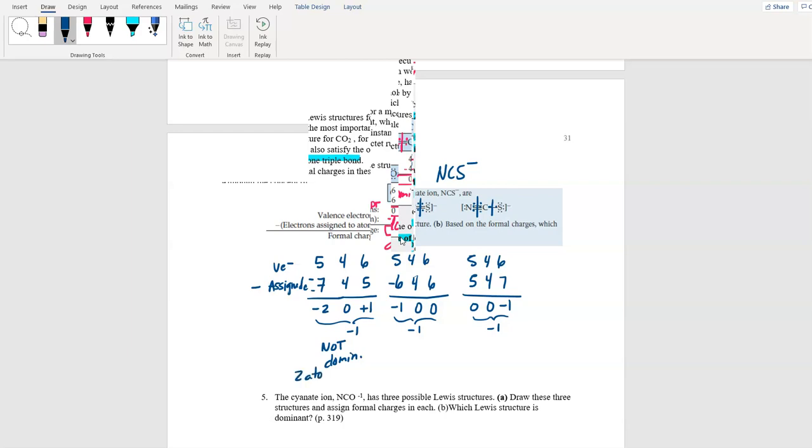So 2 atoms, what I like to call non-zero formal charges, okay? AP did this 1 year recently where they asked you to explain why it's not the dominant structure. And they said using formal charge. And I'll show you that question, okay? So now here comes the name of the game. Here comes the tiebreaker.